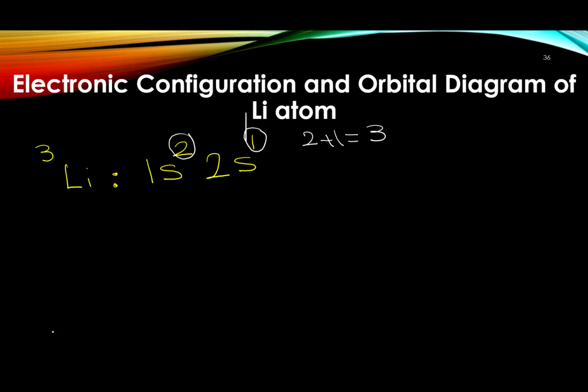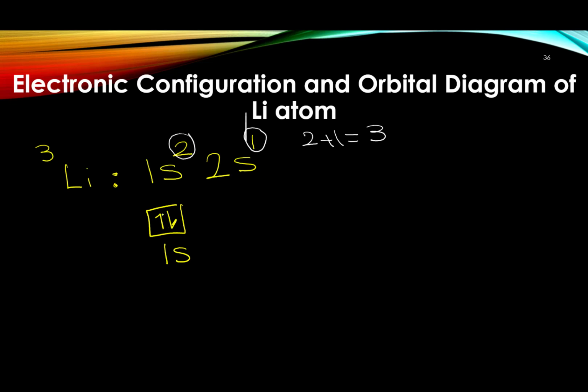Now we're going to do the orbital diagram. For 1s2, we use a box. We always have to say what that box belongs to. 1s, how many electrons does it have? 2. Remember, by Pauli's exclusion principle, the electrons have to be of opposite spin.